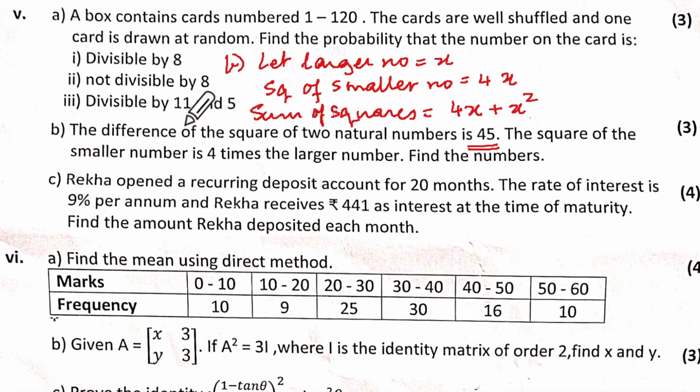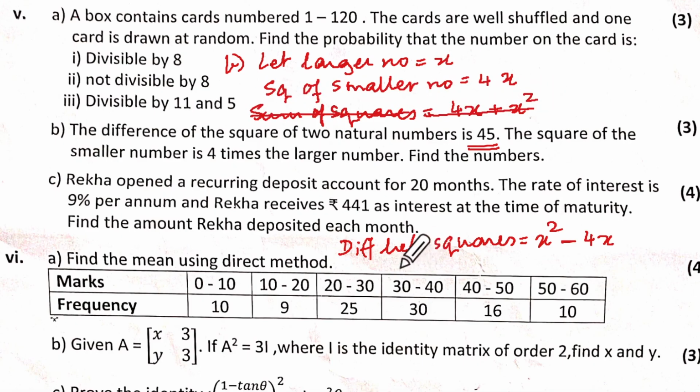One second. Difference between the squares of two numbers. After that you will say difference between squares will be larger number square, means x squared, correct? Minus smaller number square means 4x. We don't need the sum. Difference between the squares will be larger square minus the smaller square, and this is equal to 45.